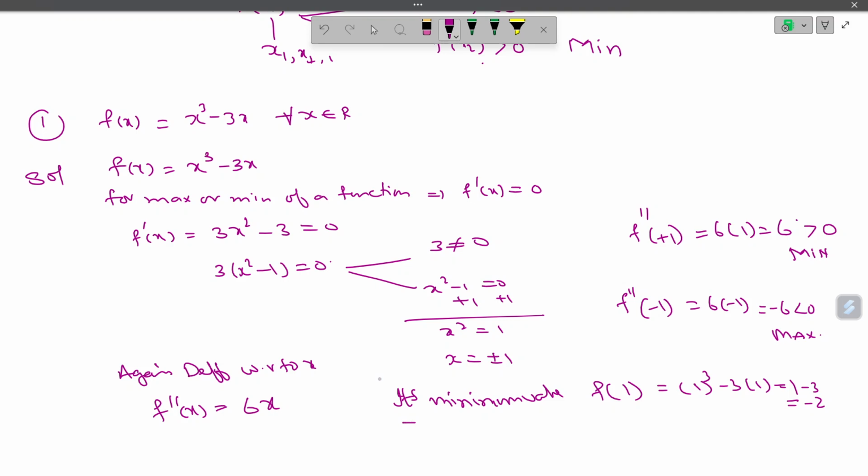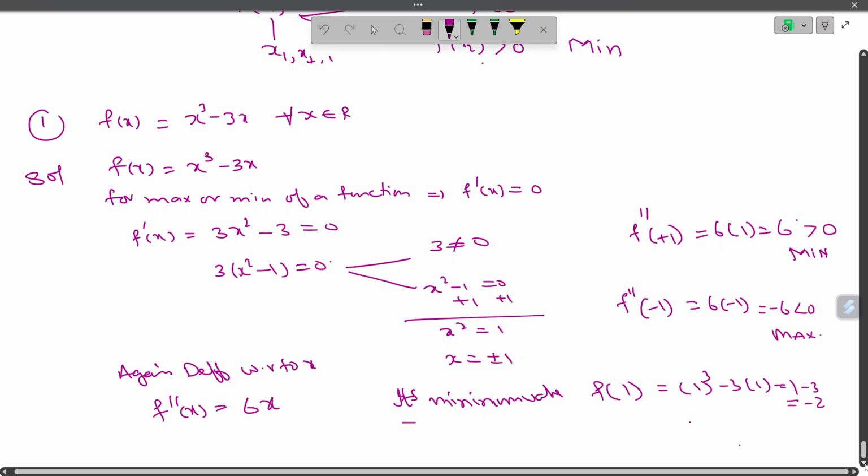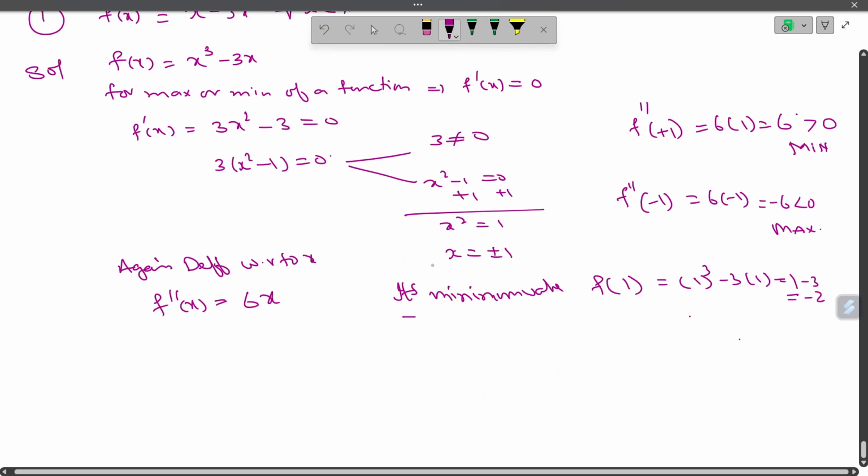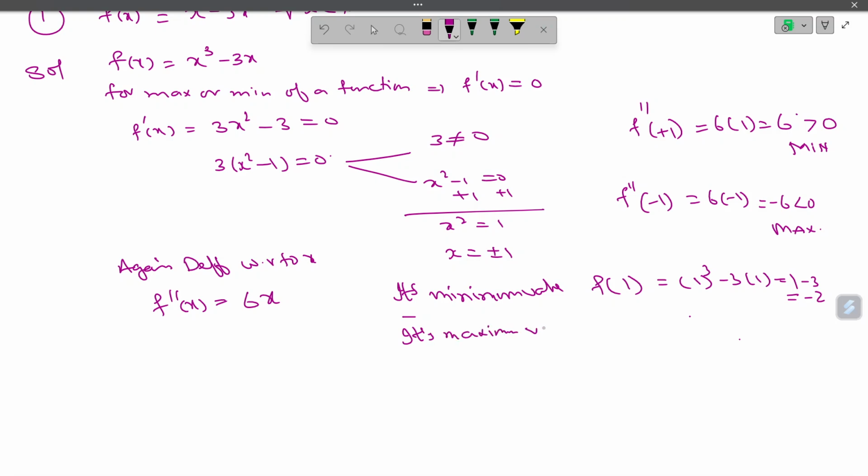Now its maximum value, f of minus 1: minus 1 cube minus 3 into minus 1, that is minus 1 plus 3, which is 2.